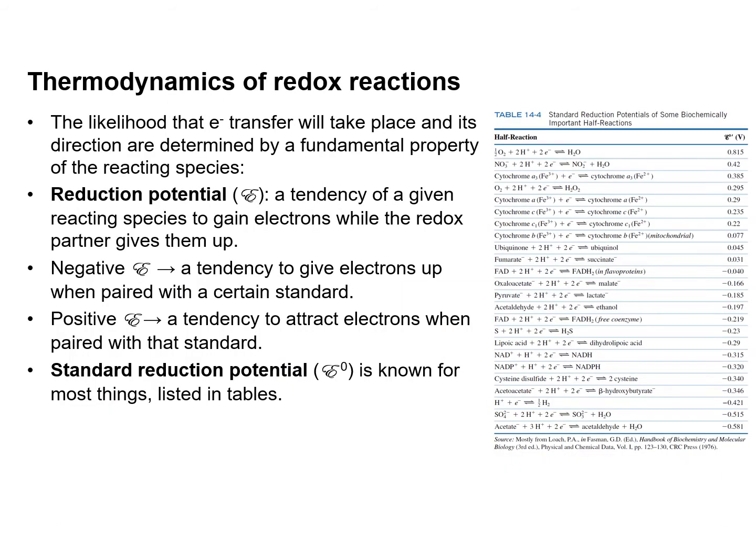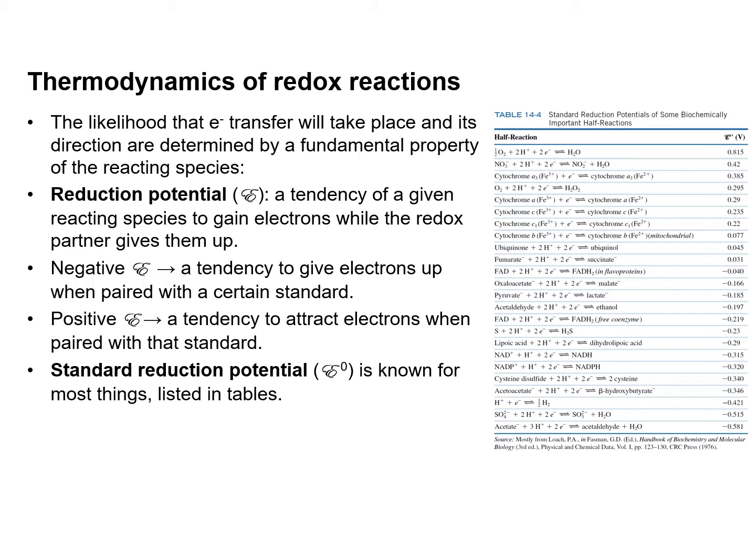Let's revisit the thermodynamics to better understand how redox reactions work. The likelihood that electron transfer will take place and its direction are determined by a fundamental property of the reacting species called reduction potential, which can be designated as a cursive E. It indicates the tendency of a given reacting species to gain electrons while the redox partner gives them up. So it's about that tendency of getting reduced, because it's about getting the electrons.